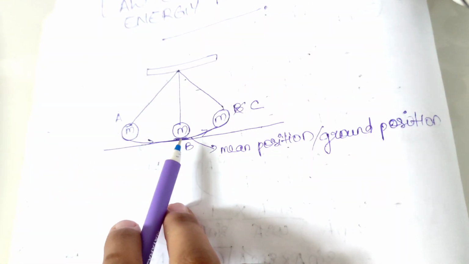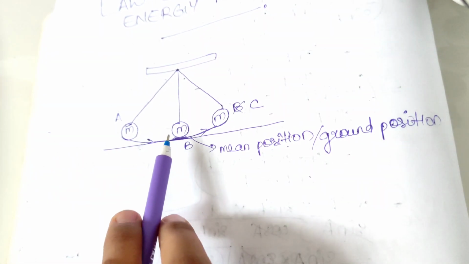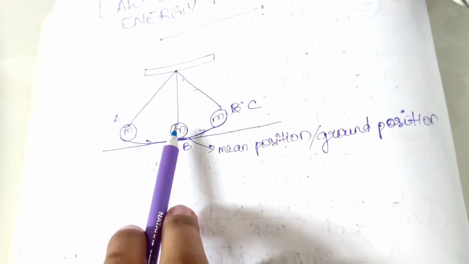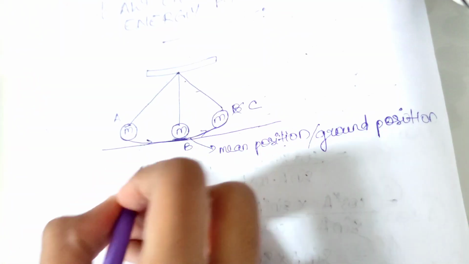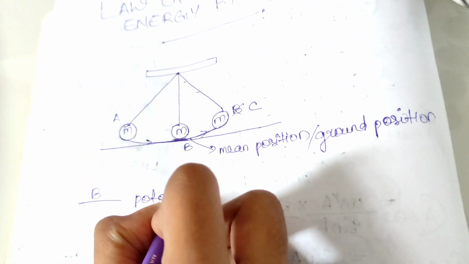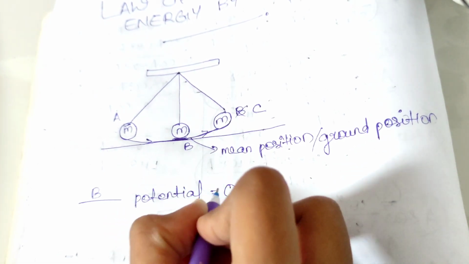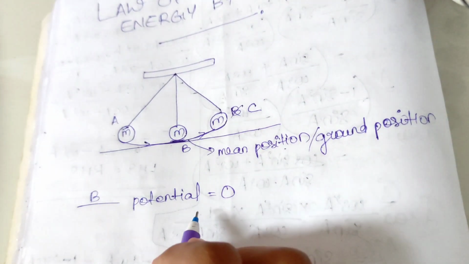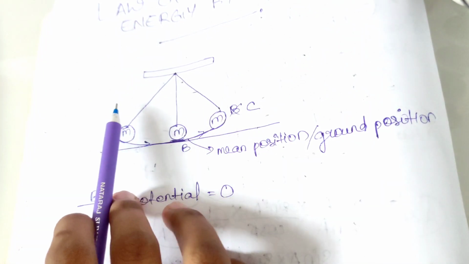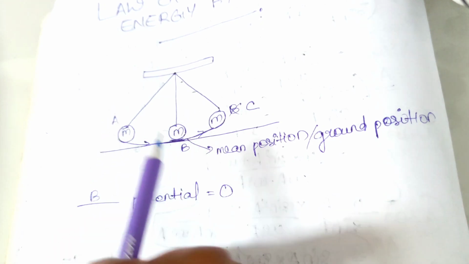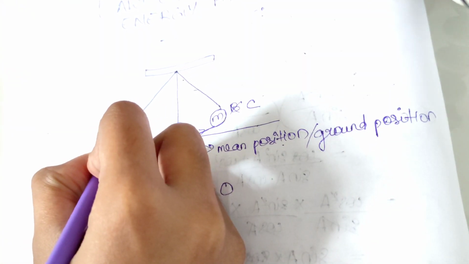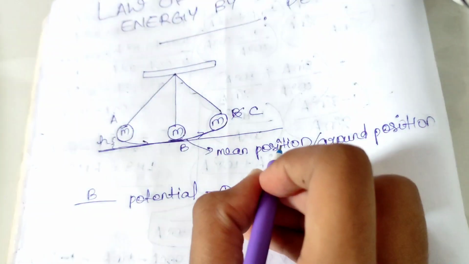Now, when the bob of the simple pendulum of mass M is at resting position, B has zero potential energy. When the bob is displaced to an extreme position A, it gets raised by a vertical height h.